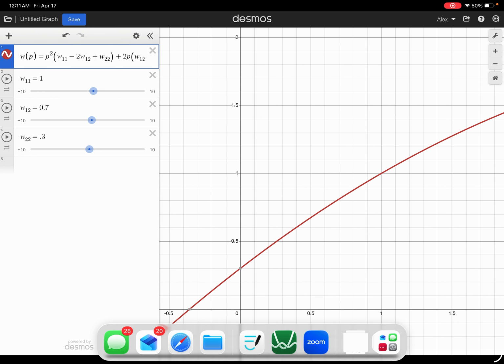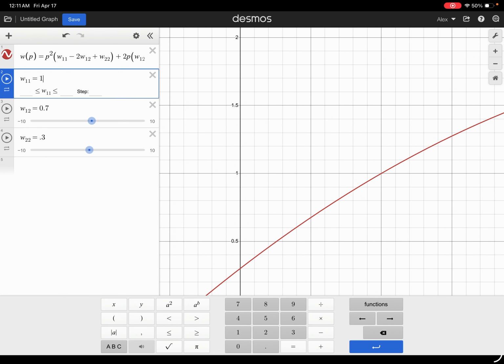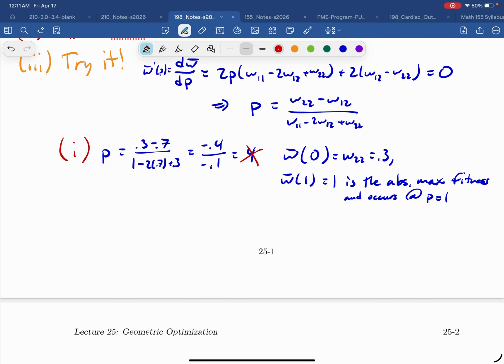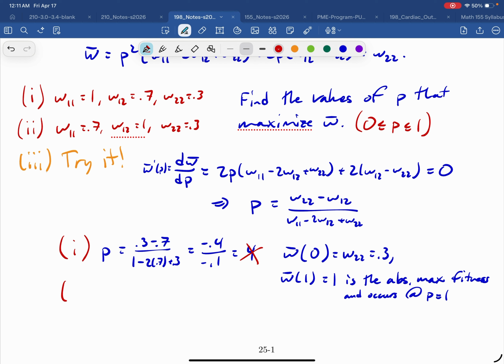Anyway, let's see what happens when we switch up the values. For part 2, we have W11 equals 0.7, W12 equals 1, W22 equals 0.3.